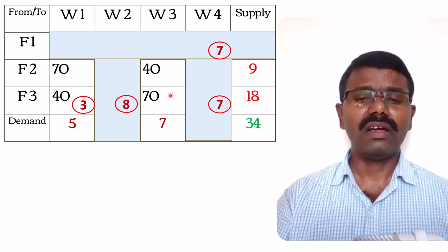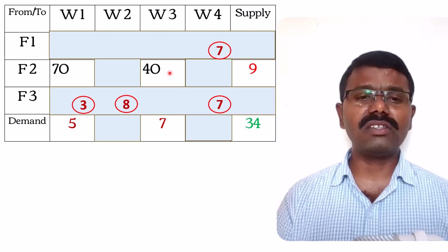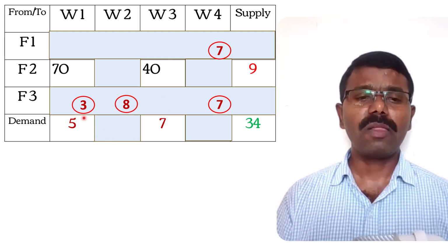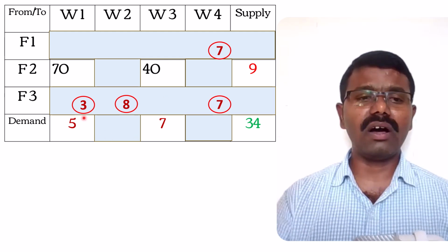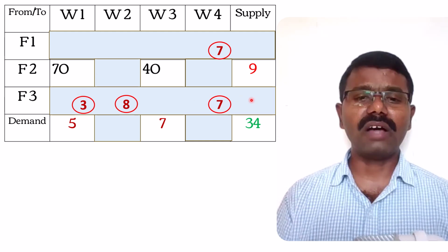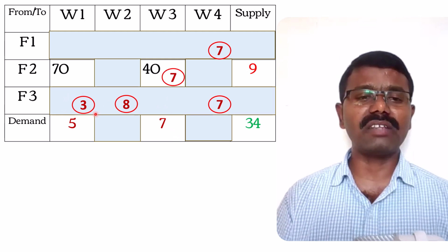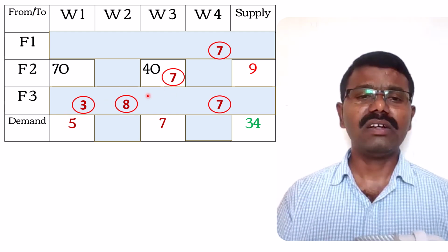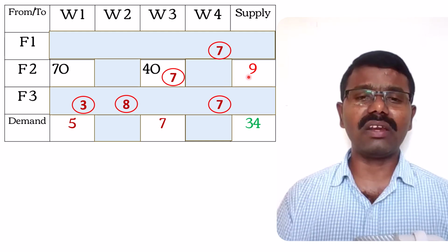And then this will be cancelled. Then here we can only assign 3 because it will cancel the 3. So then the remaining 7 will come here. Sorry, if initially they assigned here and then went here, either way is correct. So finally here 7 is given, and here 9 supply is available, but only 7 is allocated.